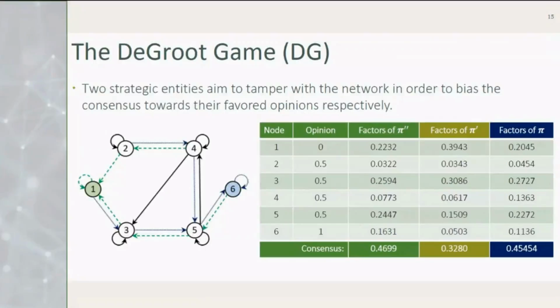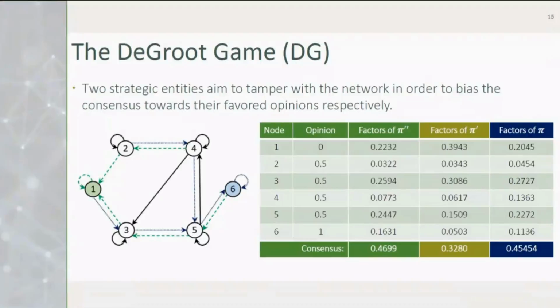You can see that the presence of a second player acts as a counterweight on the strategy of the first player. The final consensus that is here in the third column of the table, in the column with p double prime, is back on track to 0.46.